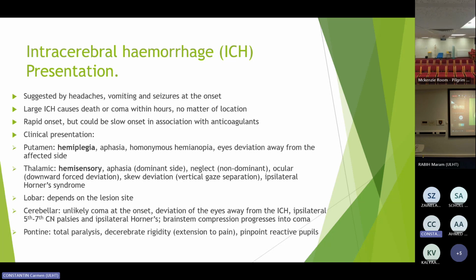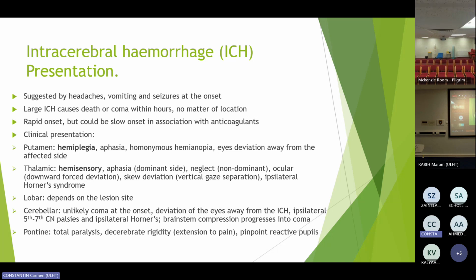In lobar presentation of the hemorrhage, presentation depends on the lesion side. In cerebellum, it's very unlikely that we'll have coma at the onset. The eyes are deviated away from the hemorrhage, and we can have same side fifth and seventh cranial nerve palsy with ipsilateral Horner syndrome, and yes, brainstem compression could progress into coma.